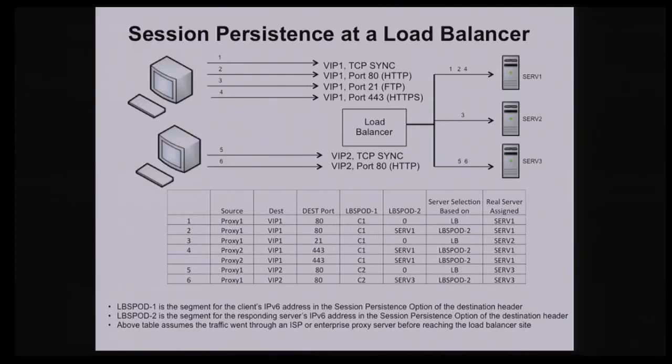For the first packet, or the first three packets for TCP connection setup, the load balancer has to make the decision based on the V6 address and also other criteria such as the health state of each server, using a weighted least connection algorithm to choose the server.